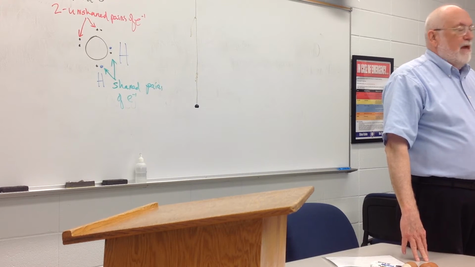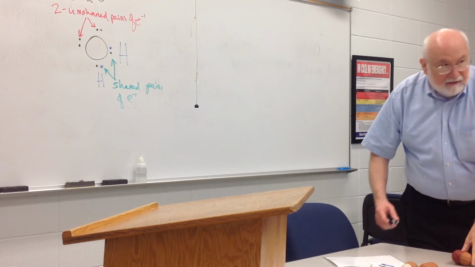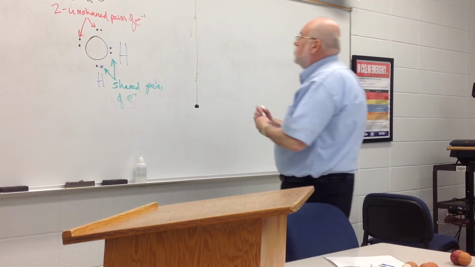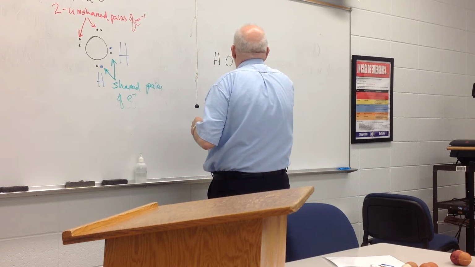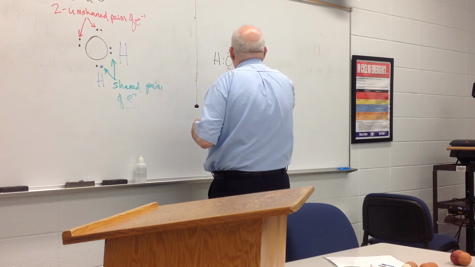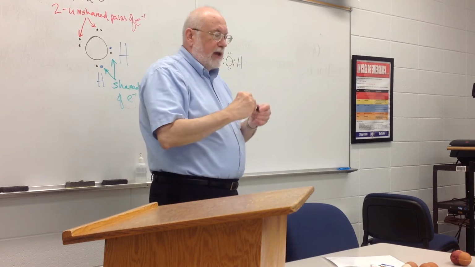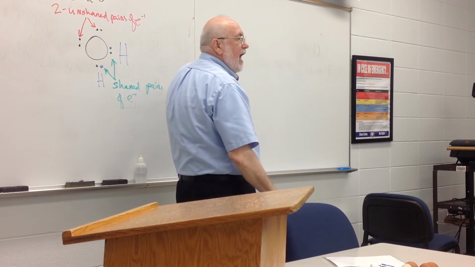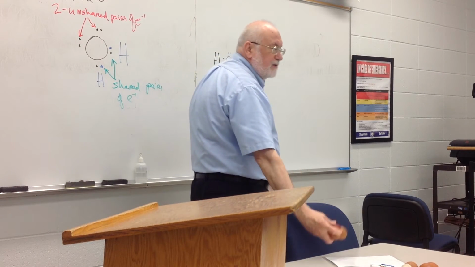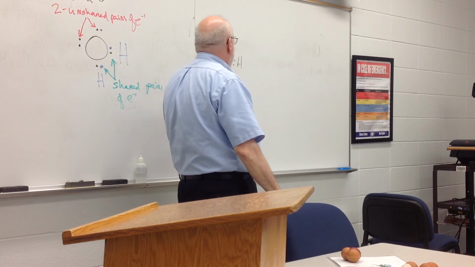Okay? Now, even if someone were to draw that molecule like this, and you apply your rule, you're still going to get the correct shape. I mean, that's like putting it up there like that. All right, but we know it's bent or nonlinear.